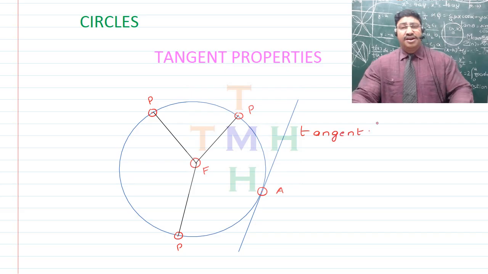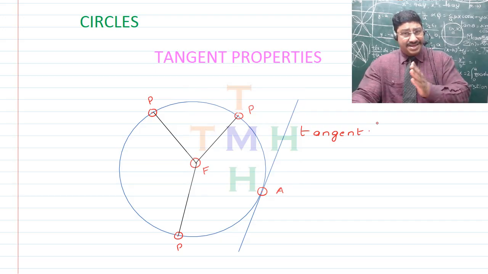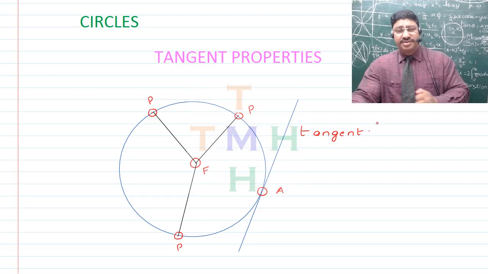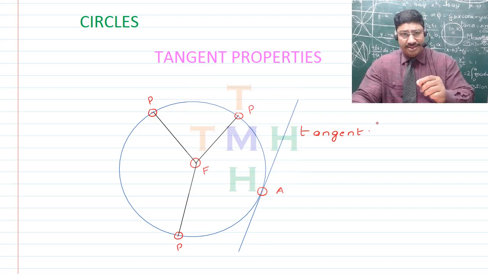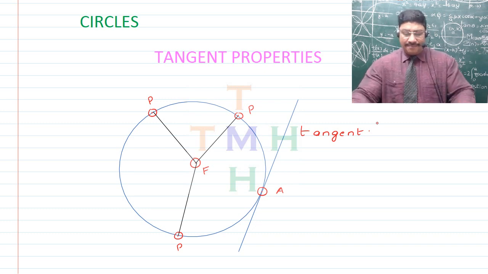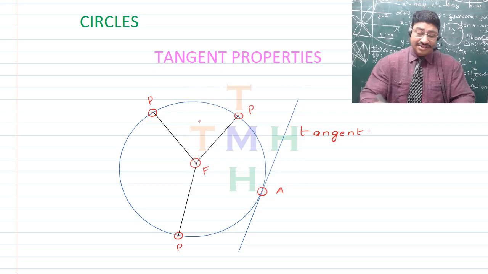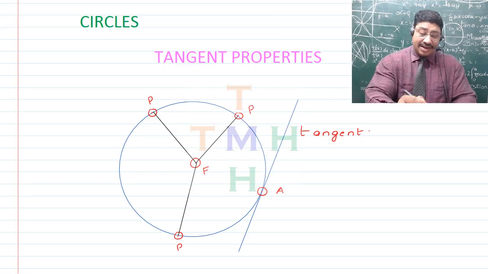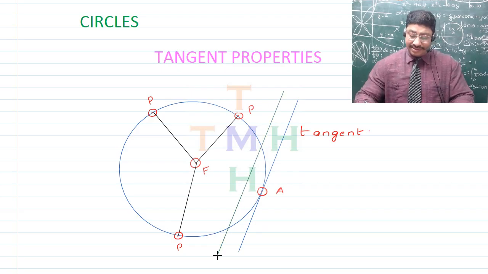For in-depth analysis in times to come, you will get to see in physics that when we talk about a straight line which intersects a path, here a circle, but the 2 points where it intersects have an infinitesimally small distance between them, then you say that that straight line is a tangent, right? So we can consider it's just like another straight line, let's say like this, which has intersected the circle.